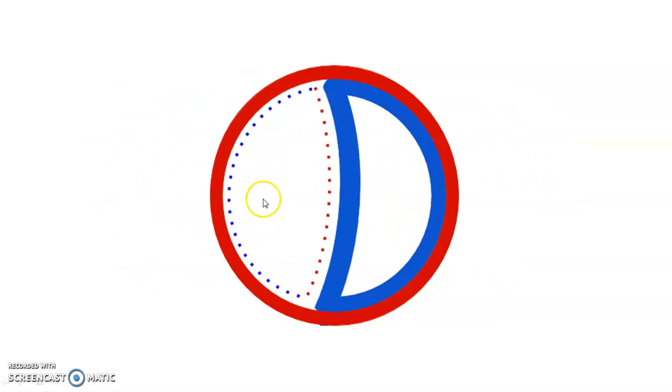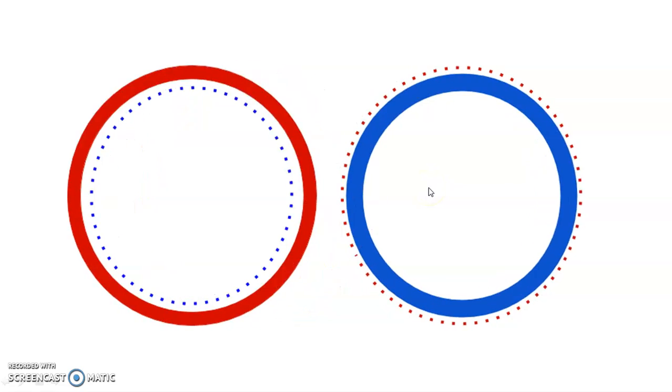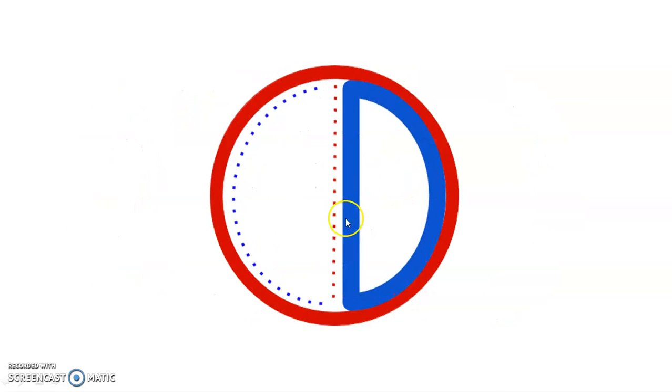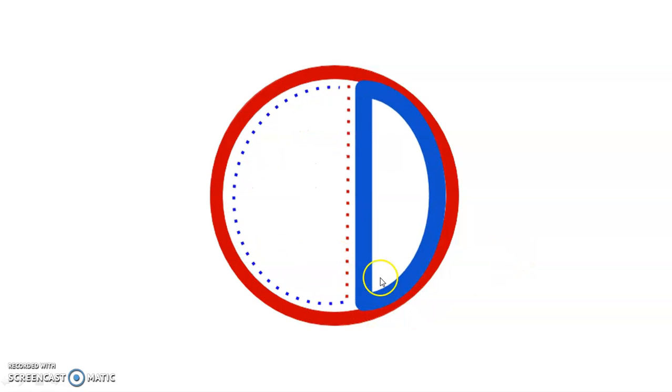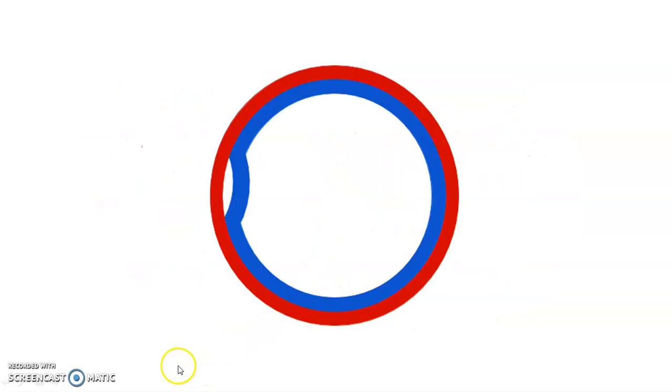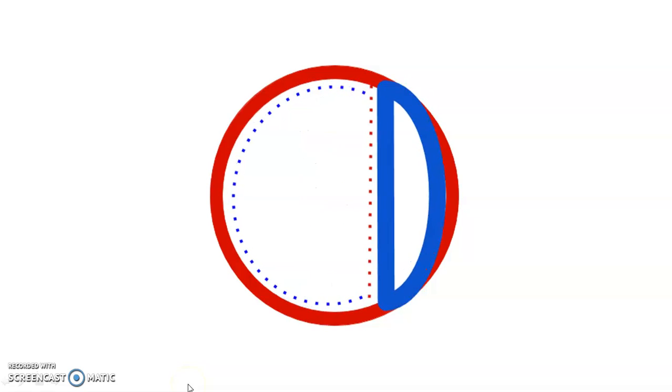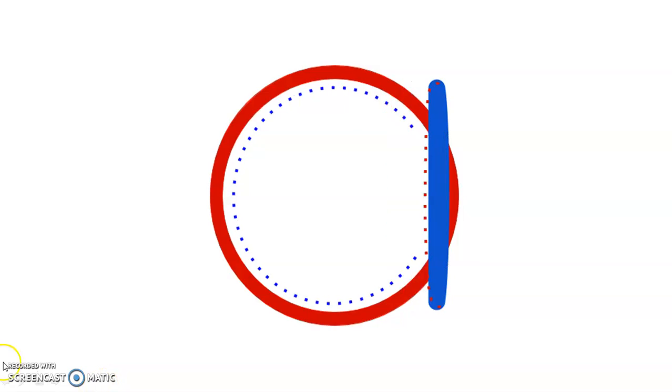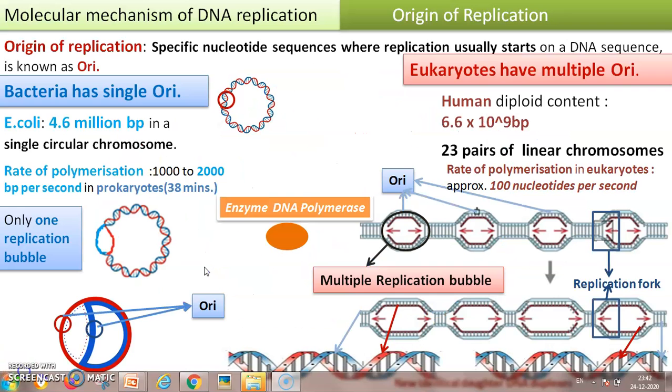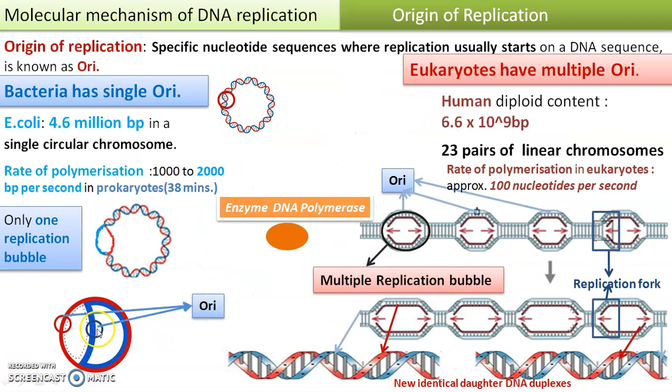But before one replication is completed, there is another ORI in this new one again starting replication. So what I mean to say is, within a specified time, there are overlapping replications going on before the cell divides. So these are the ORI for future replication as the first round of replication is going on.